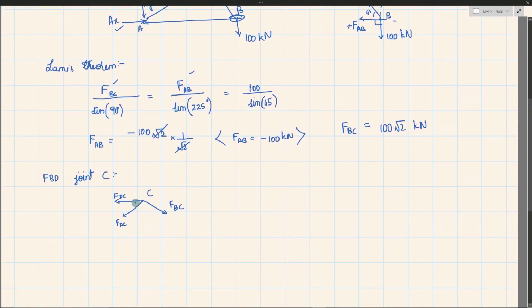So either I can apply Lami's theorem or I can go for the conditions for static equilibrium, that is Fx is equal to 0 and Fy is equal to 0, right? So there is no point in applying sigma M is equal to 0, as all the forces will be passing through this point. So I can apply these two. But the simple technique is applying Lami's theorem.